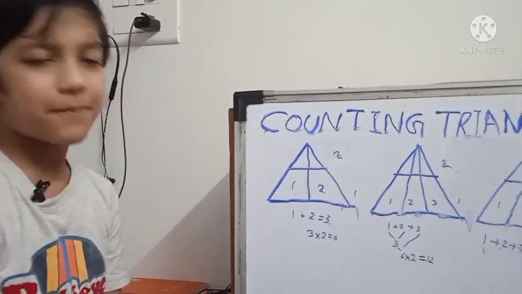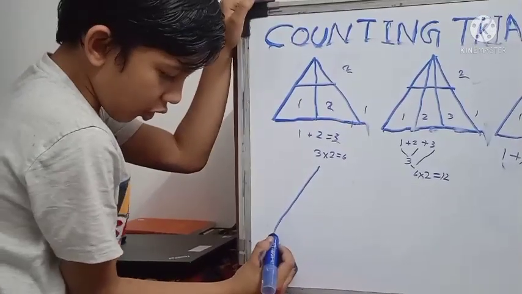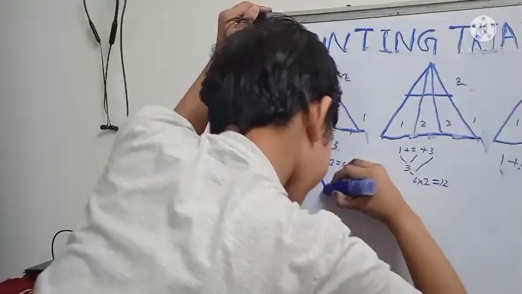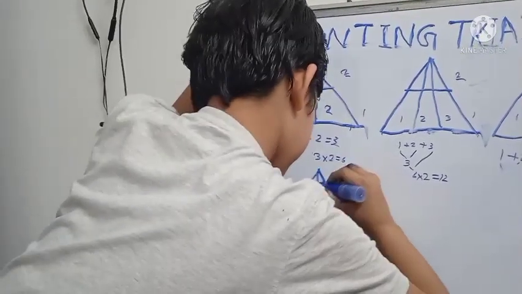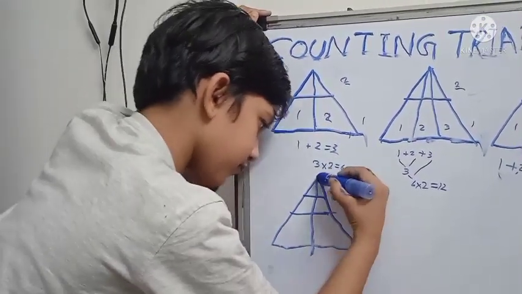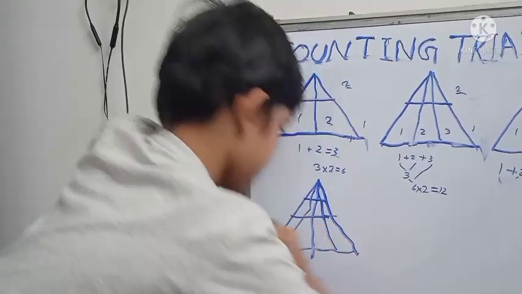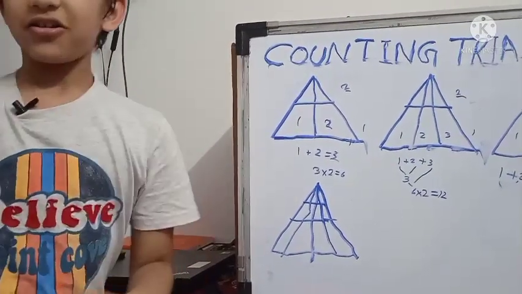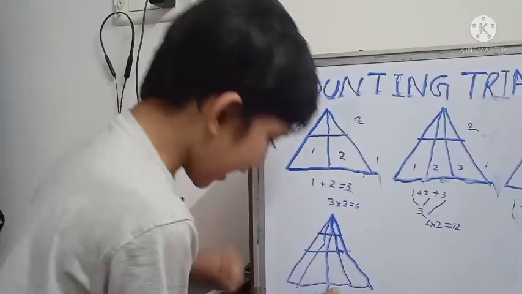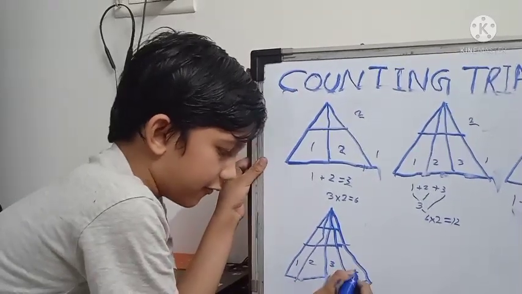Let's do a little more practice. Now I will increase the number of the horizontal lines. Yes, it now has 2 horizontal lines. So we will use the formula again in a little quicker way now. 1, 2, 3 and 4.